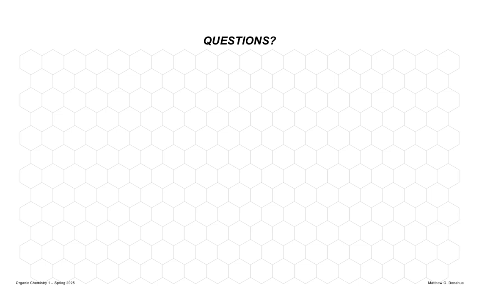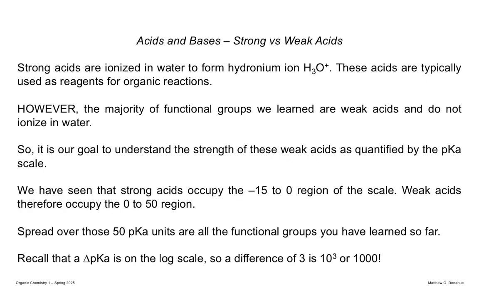So a couple more slides before we wrap up. So again, now it says strong versus weak. Strong acids are ionized in water to form hydronium due to the leveling effect. We use those acids as reagents in organic reactions.